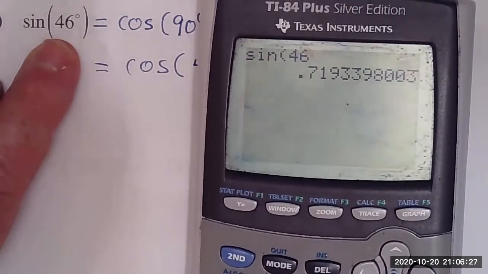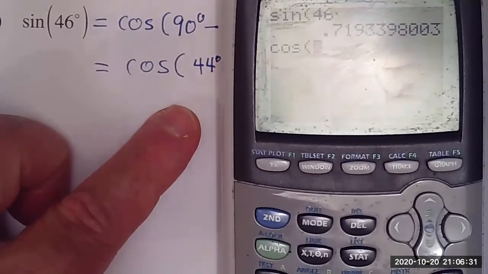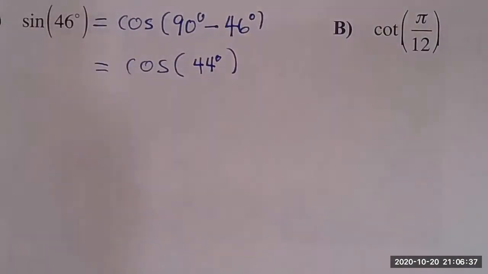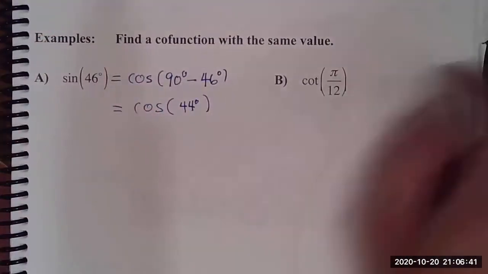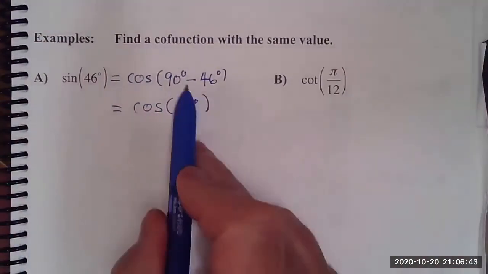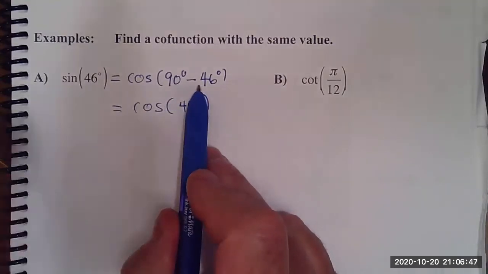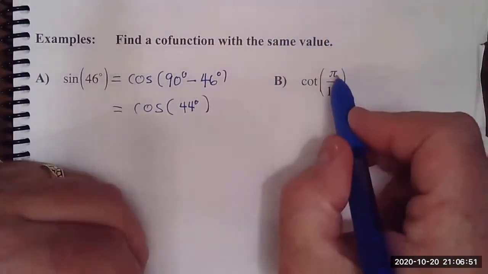Okay, about 0.719. Cosine of 44 degrees. See if I get the same thing. And I do. With the radians, as you can see, I take 90 degrees for degrees and subtract the angle. That's pretty easy. Otherwise, you got to change radians.